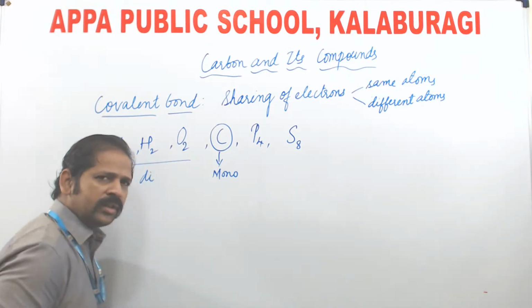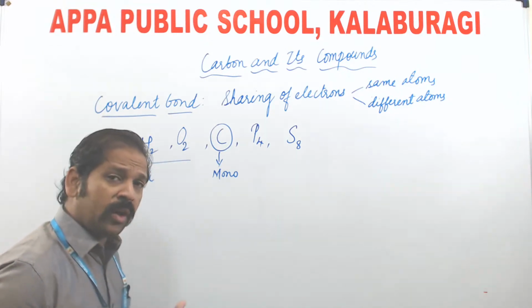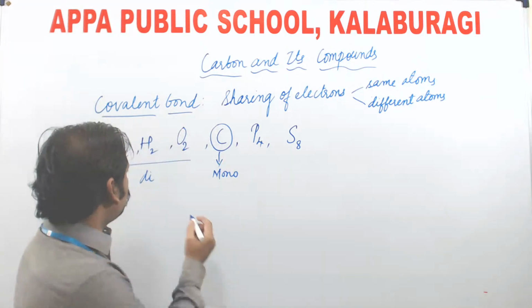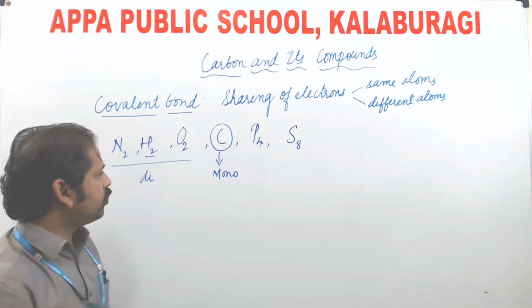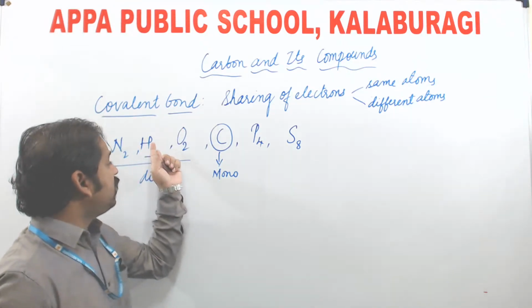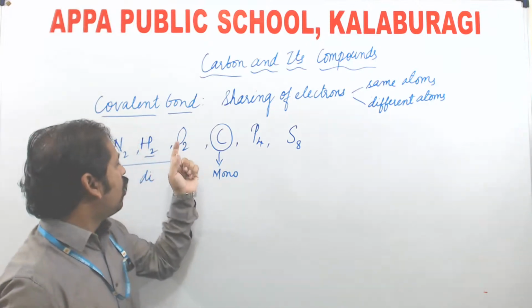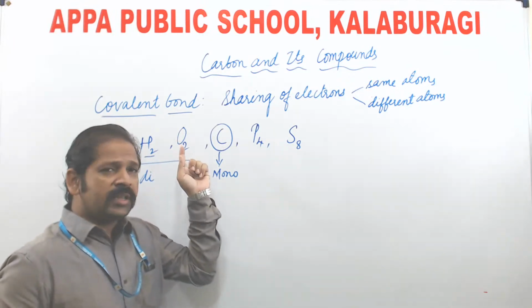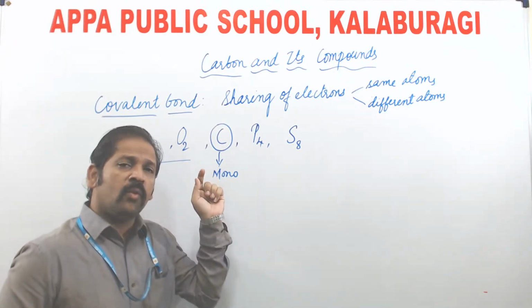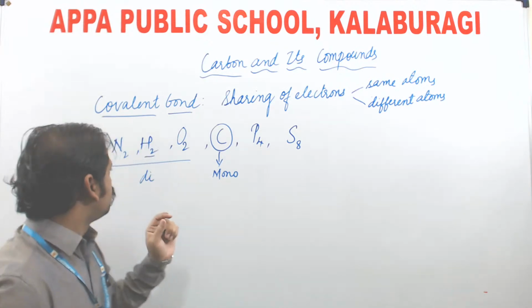Nitrogen, hydrogen, and oxygen we write as N2, H2 and O2. It is H2 because hydrogen is sharing an electron with one more hydrogen. O2 is written as oxygen is sharing electrons with one more oxygen atom.